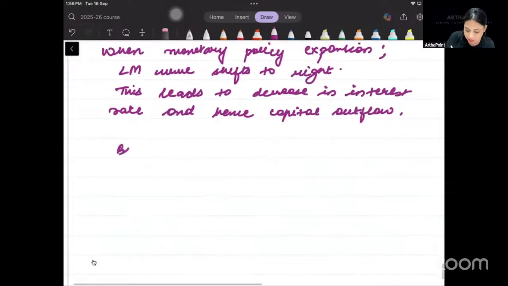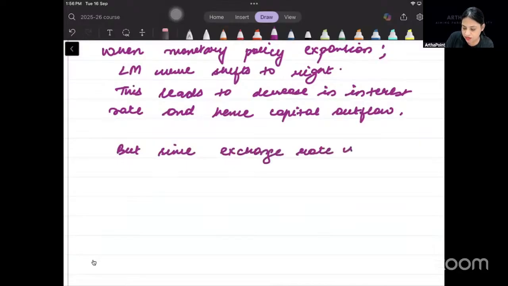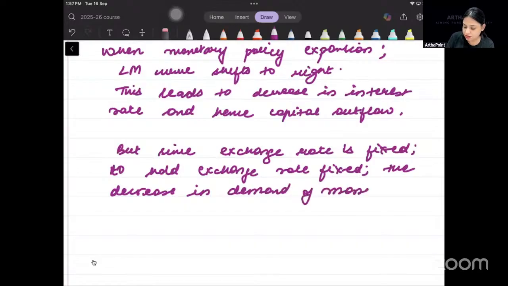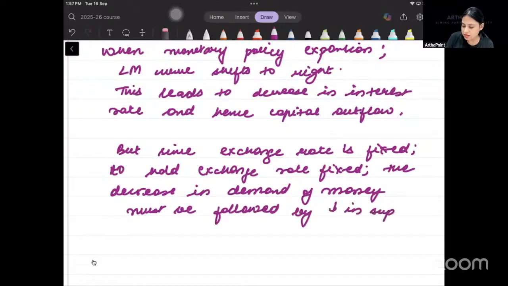But since exchange rate is fixed, to hold the exchange rate fixed, the decrease in demand of money must be followed by a decrease in supply of money.